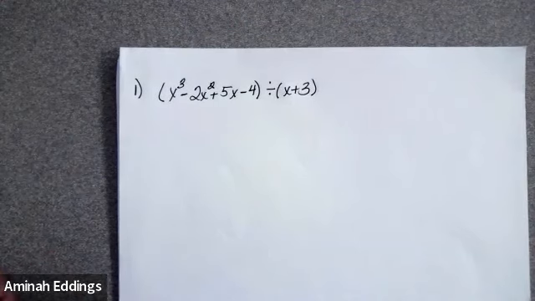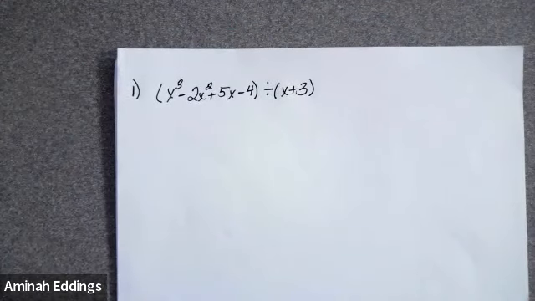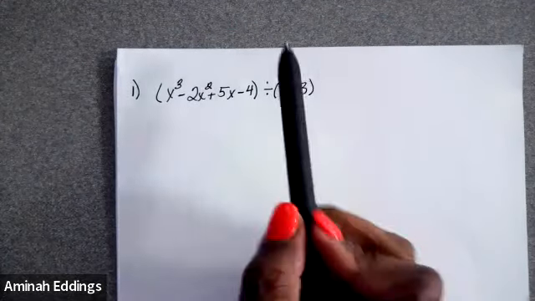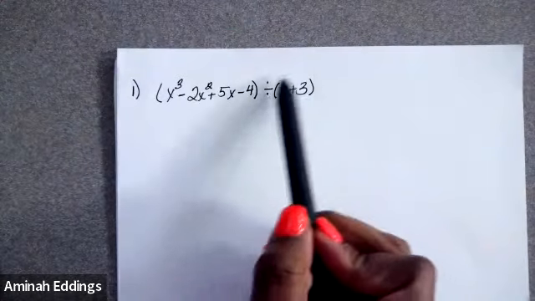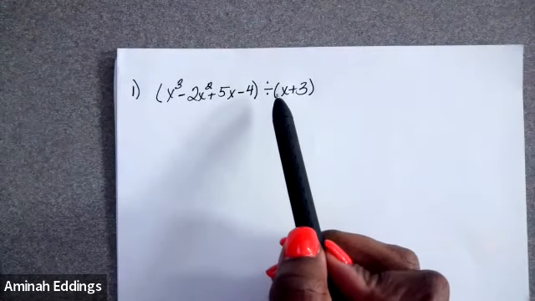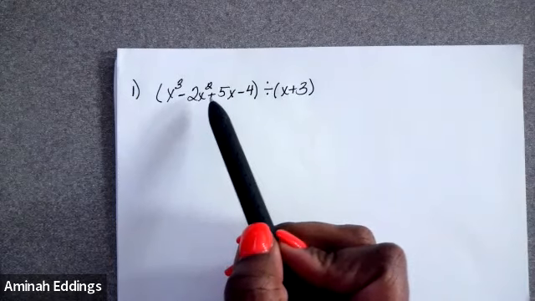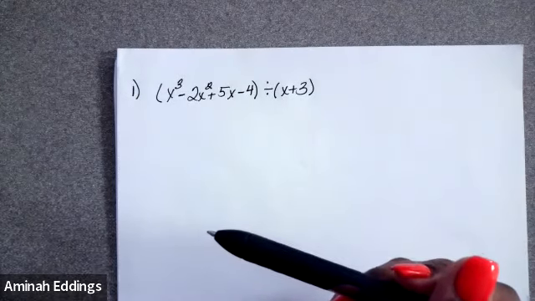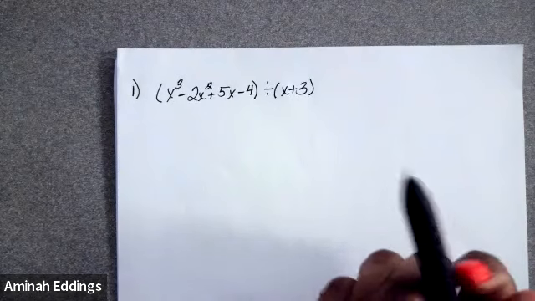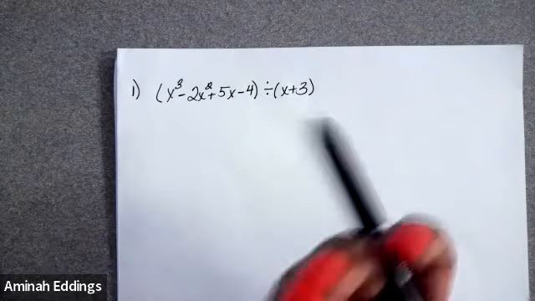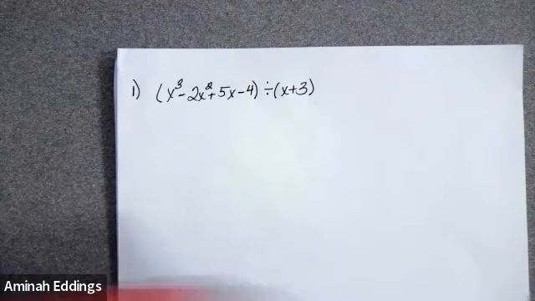All right, so what we are doing is division of polynomials, okay? So this will be our divisor. This will be our dividend. And then our answer is going to be our quotient. And we may or may not have a remainder, okay?